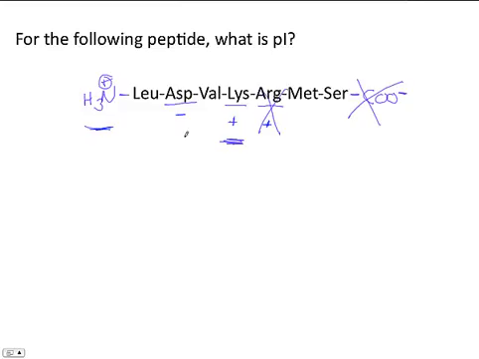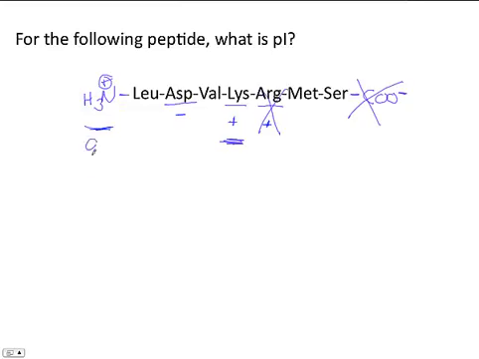Basically, we're looking for that point at which the two positive charges give a total of one positive charge to counteract the negative charge from the aspartic acid. So the isoelectric point from this is going to be basically the point between the pKs for the amine group of leucine and the pK for lysine.